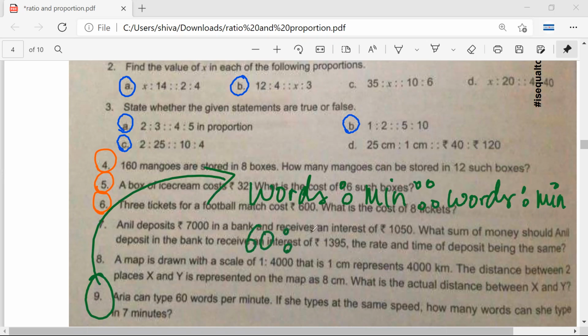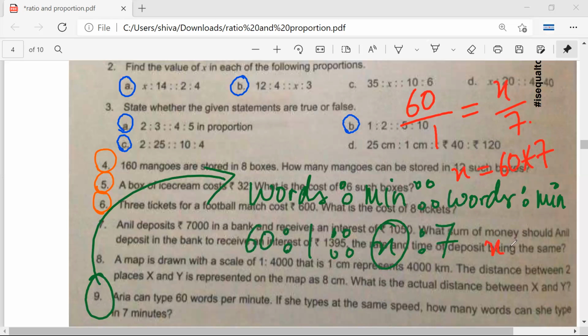And then X is to 7. Then I did 60 upon 1 is equal to X upon 7. Then 60 into 7 is equal to 1 into X. So X is equal to 60 into 7 upon 1. So the answer is 420 words.